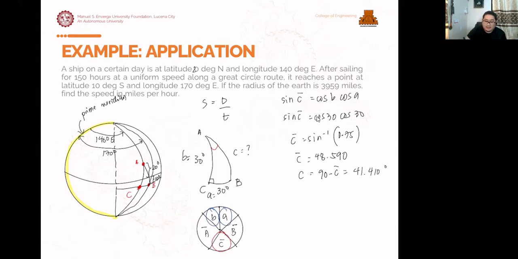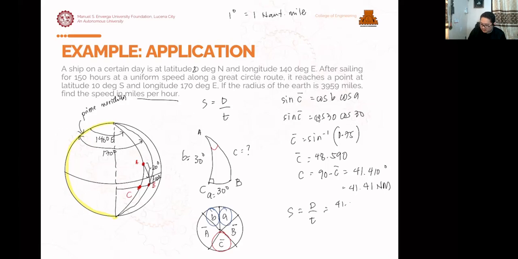Okay, sa nautical engineering, ang 1 degree is equals to 1 nautical mile. Okay? So, ibig sabihin equal dito sa 41.41 nautical mile. So, meron na tayong pinapahanap sa atin is speed in miles per hour. Okay? Ibig sabihin nautical miles per hour. So, divide lang natin si S. Yung speed natin will be equals to distance over time.